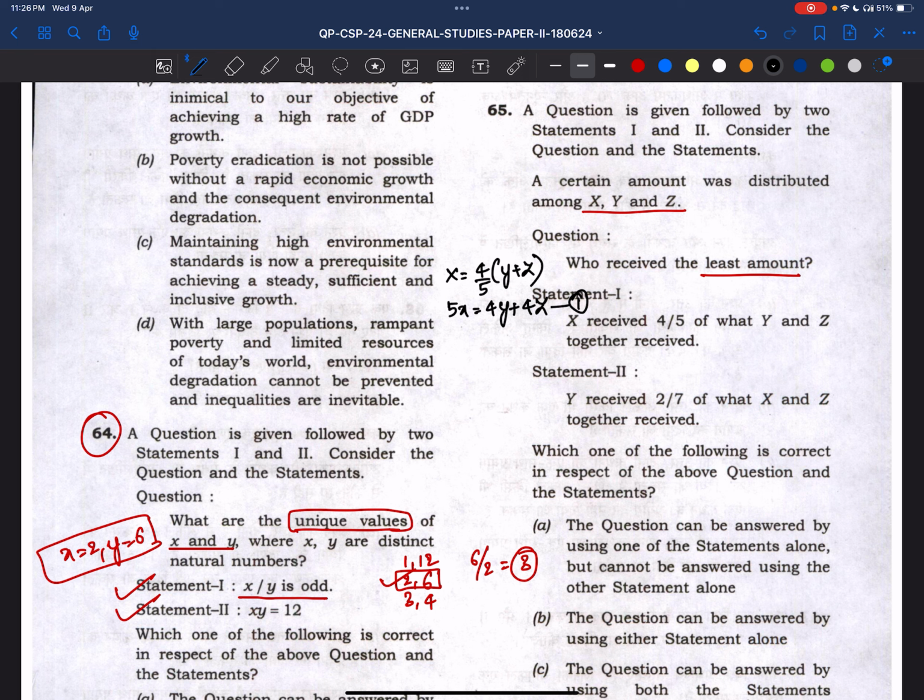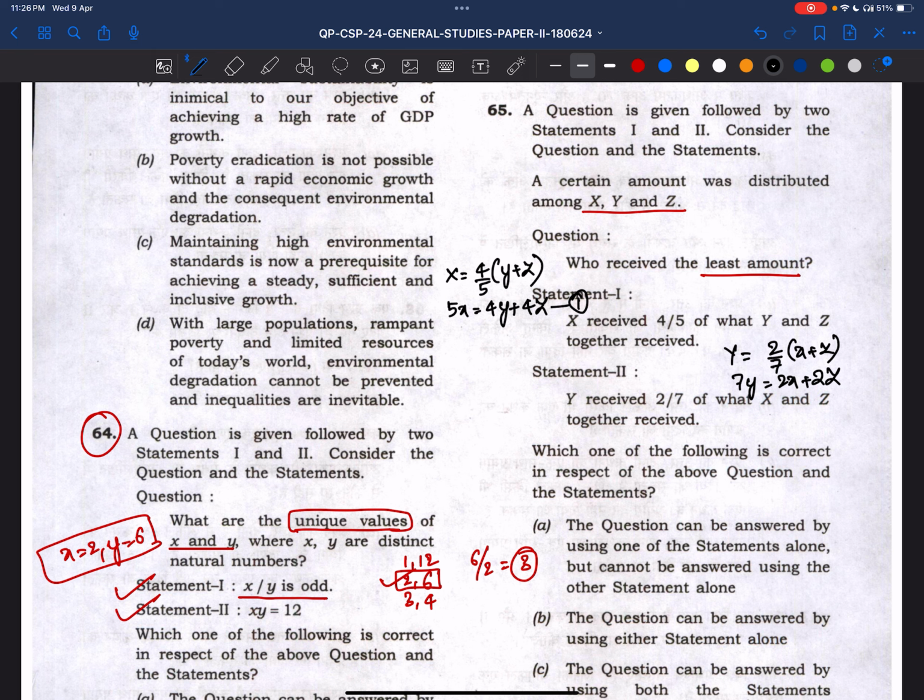Next, y received 2 by 7 times of x and z together. So y is equal to 2 by 7 times of x plus z. That means 7y is equal to 2x plus 2z.